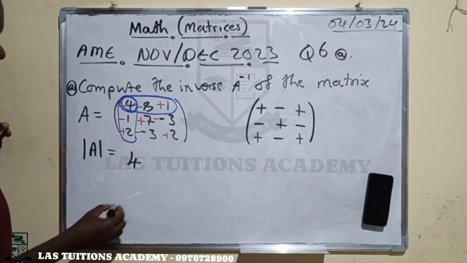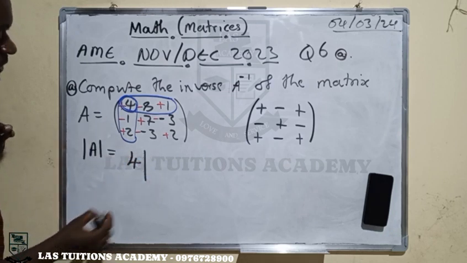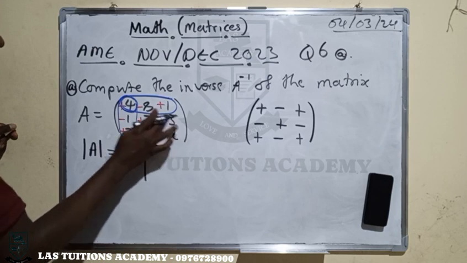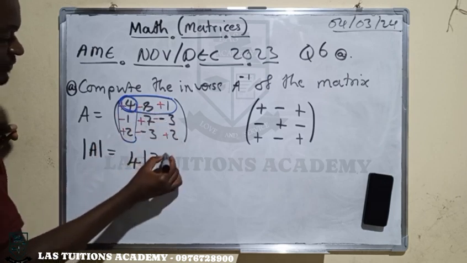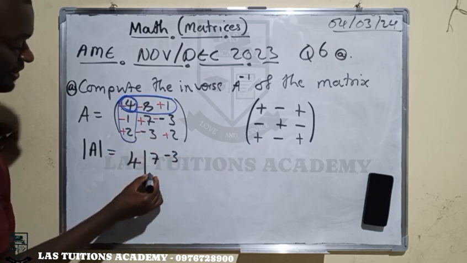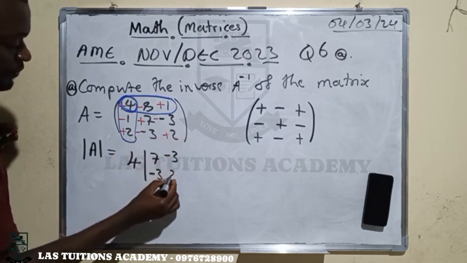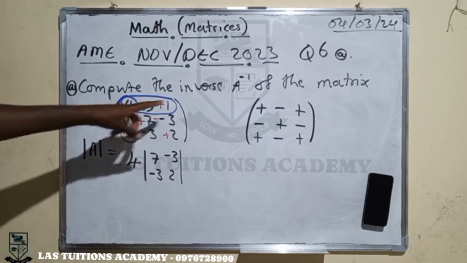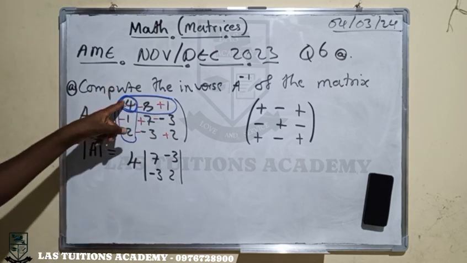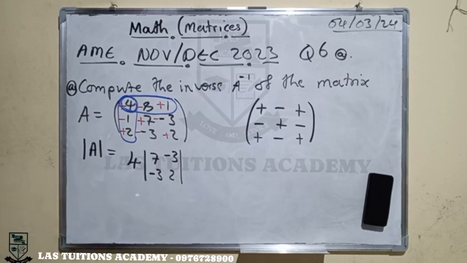After I've picked the 4, we have a 2 by 2 matrix that has remained free here. So we have 7, -3, -3, and 2. This is a 2 by 2 matrix that has remained after we have locked this and having our 4 in the intersection. That's what you do first.